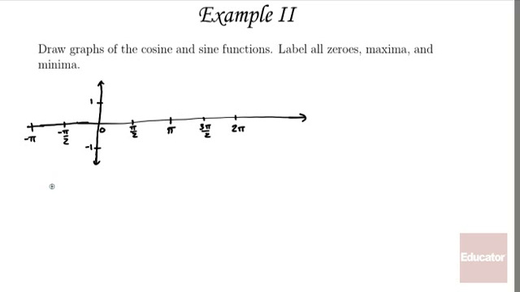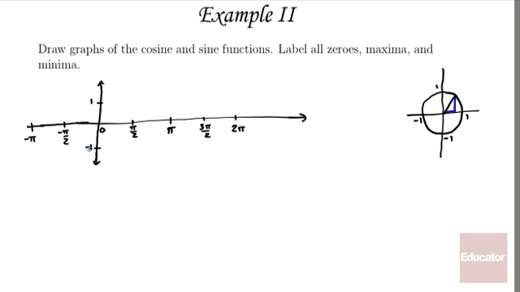Remember that sine and cosine are the x and y coordinates of angles on the unit circle. Now, those coordinates will never get bigger than 1 or smaller than -1. So that's why on my y-axis I only went up to -1 and 1.